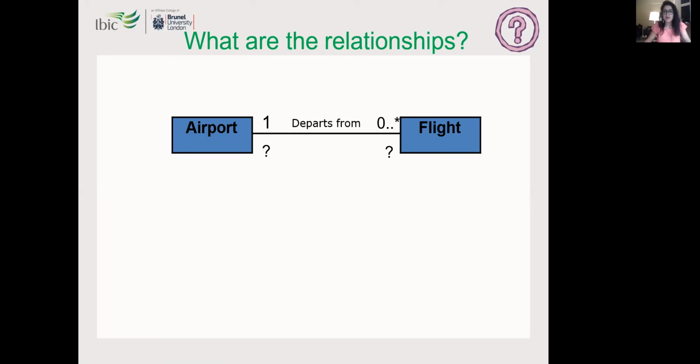Not all entity types will bear a relationship to other entity types. The entity type order, for example, will not have any special relationship with employee. For instance, the relationship between an employee and the department, or airport and flight.